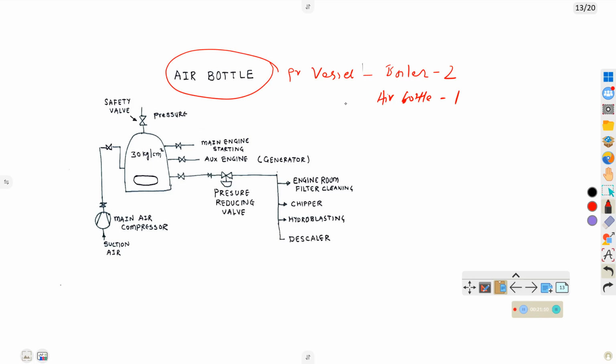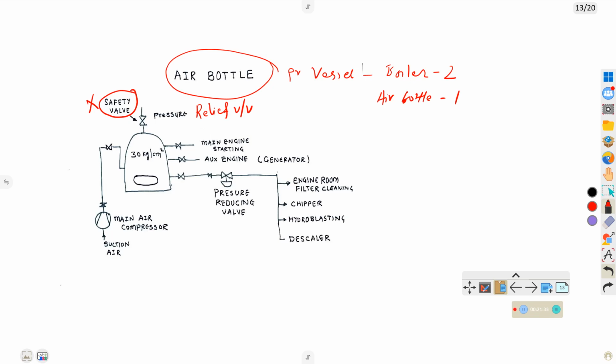that is absolutely wrong. In the air bottle, there is no safety valve. That is a pressure relief valve. So what is the difference between safety valve and relief valve?